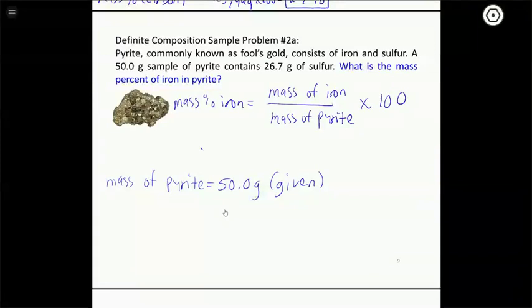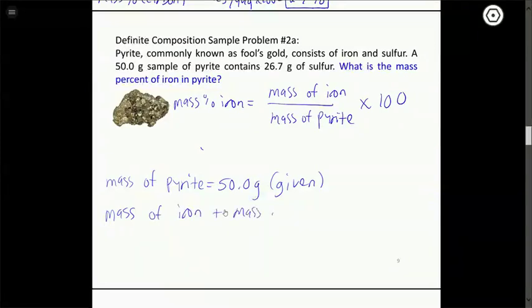Now the thing we don't have right now is the mass of iron, but we are given the mass of sulfur. And this is where, as I said, don't forget about the law of conservation of mass, which is that the mass of iron plus the mass of sulfur must equal the total mass of the compound, 50 grams.